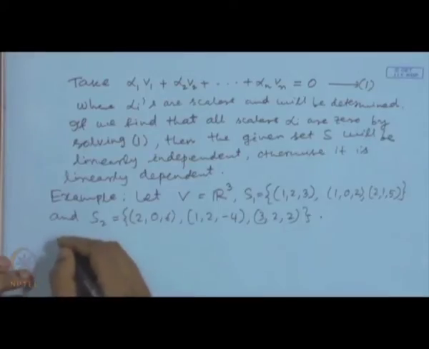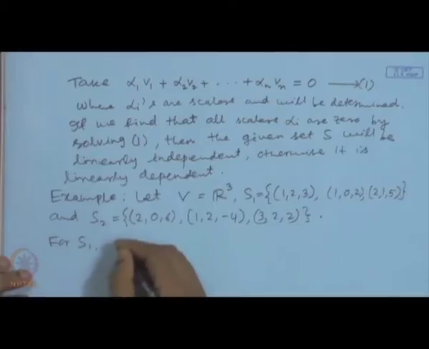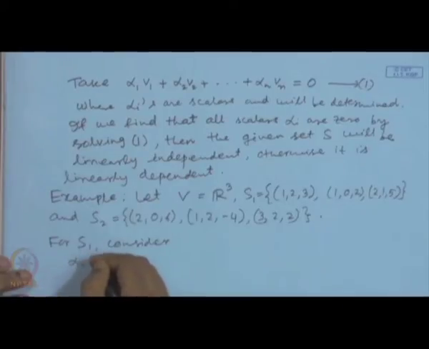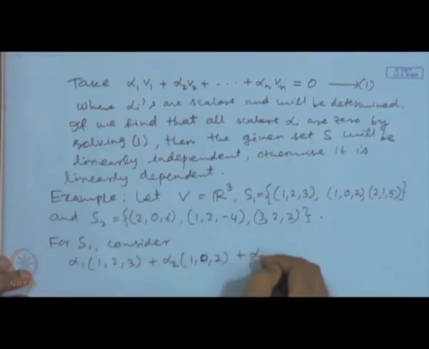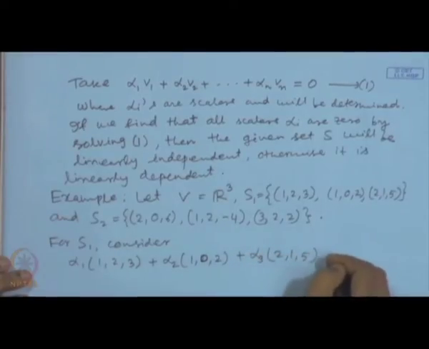So, for S1, consider this: alpha 1 (1, 2, 3) plus alpha 2 (1, 0, 2) plus alpha 3 (2, 1, 5). Take this linear combination of vectors in S1 and equate to 0.